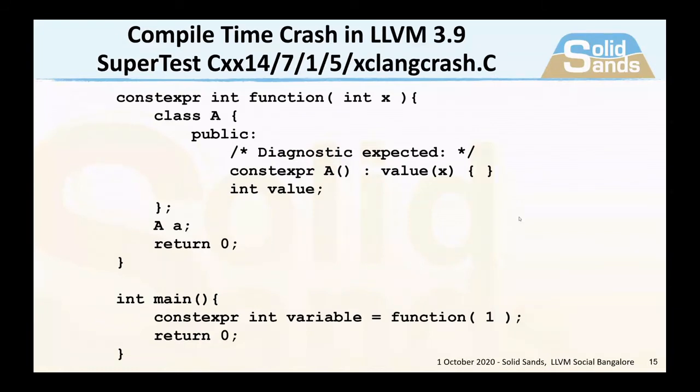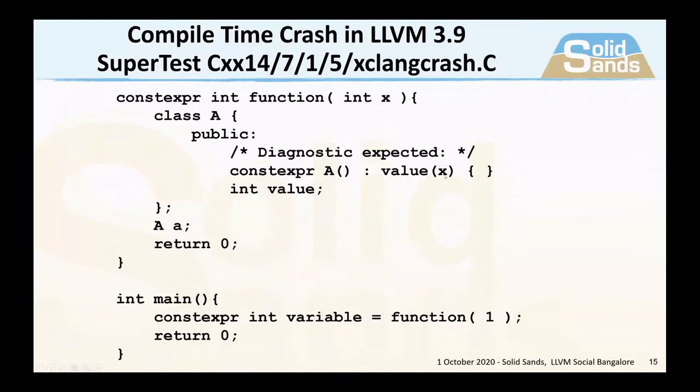So this is a compile time crash in LLVM 3.9. What happened here was we have a function which is defined constexpr, which has a nested clause here. And the constructor is also defined constexpr. But here the value of x is used, which is a diagnostic or a constraint violation.